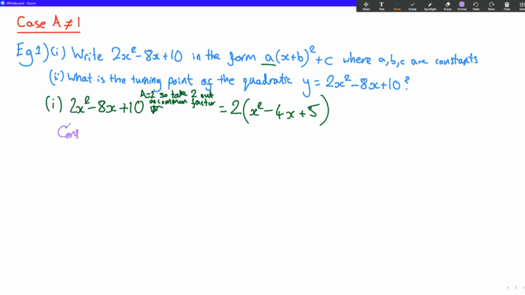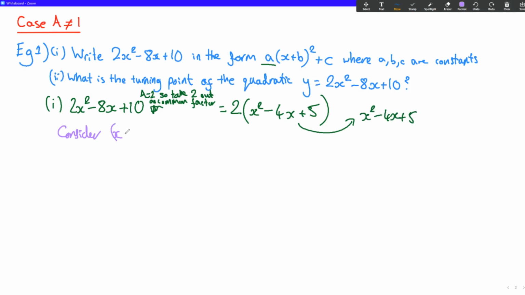So we say consider x squared minus 4x plus 5, so now we just want to find the completed square form of this.